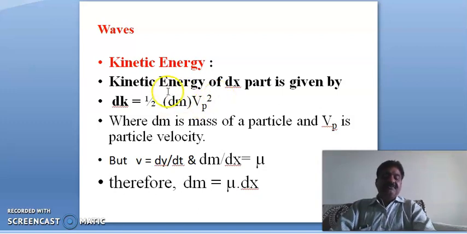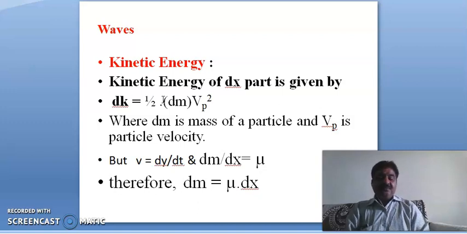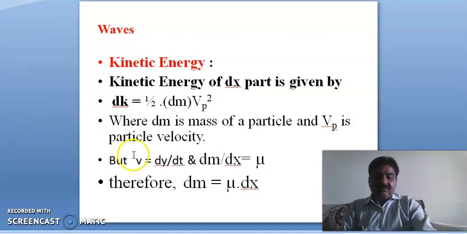What is dm? dm is the mass of a particle, and Vp is nothing but the particle velocity. Velocity is nothing but the rate of change of displacement, dy by dt. And dm by dx is nothing but mu.